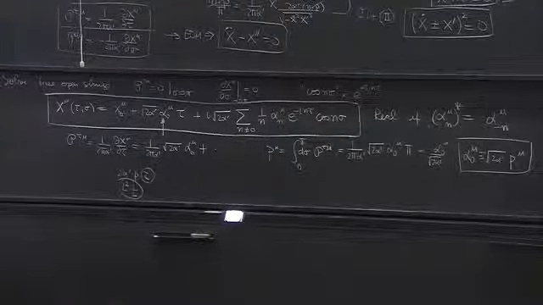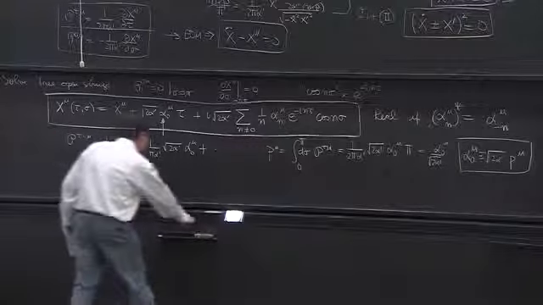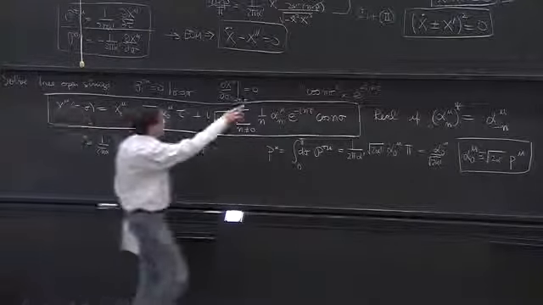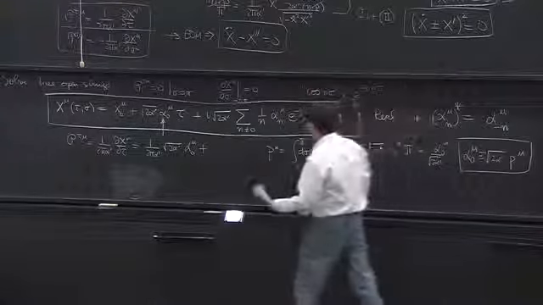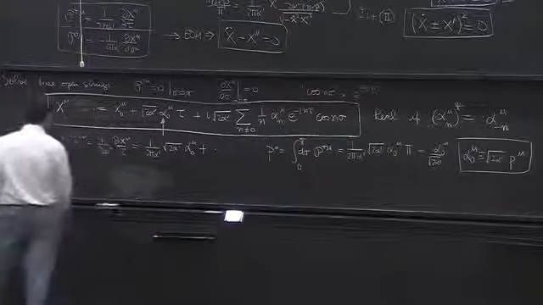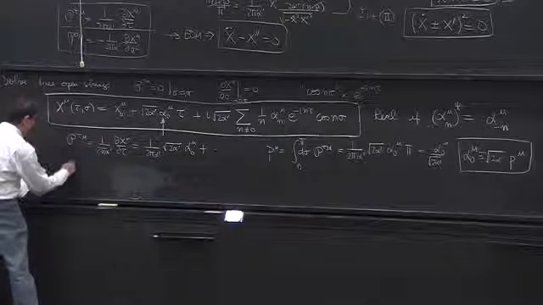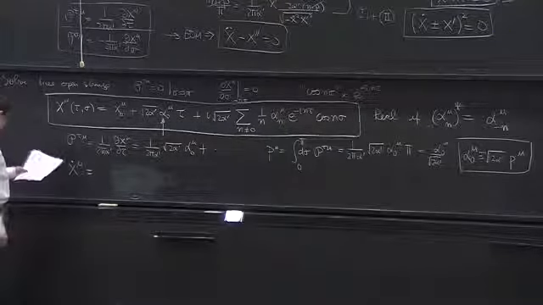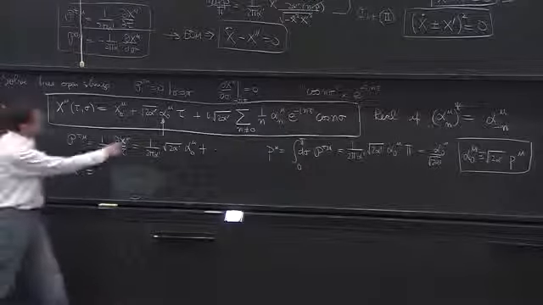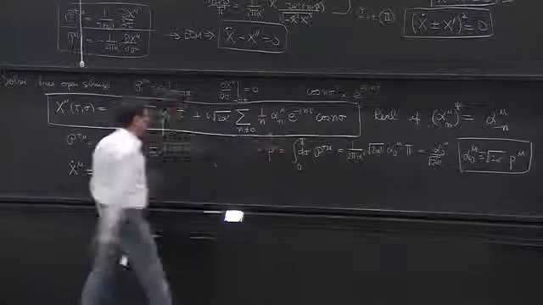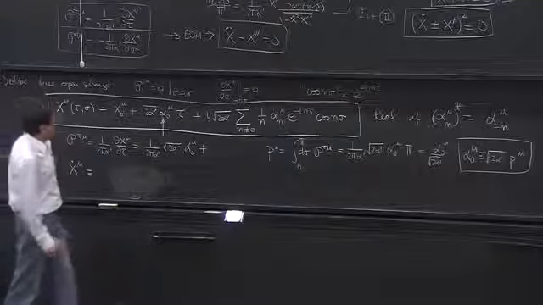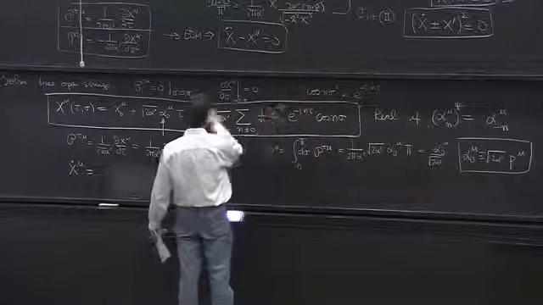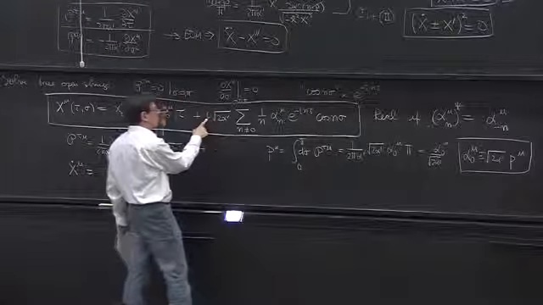Okay, so now let's do these derivatives. We need to know x dot and x prime. So here comes the first one. How about x dot mu? What do we get? Let me do this term first. If I differentiate with respect to time, I get minus i n. The minus i and the i give you nothing.